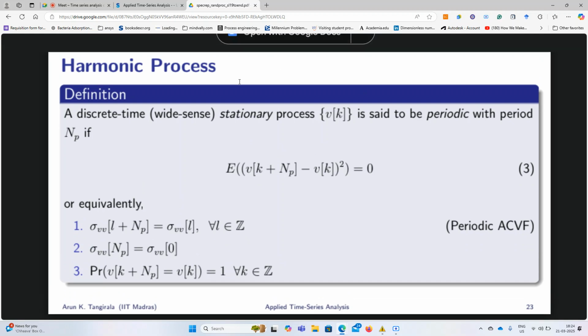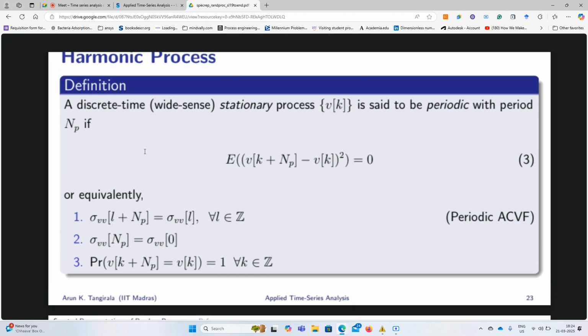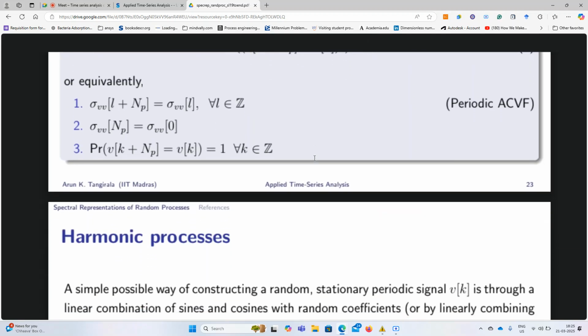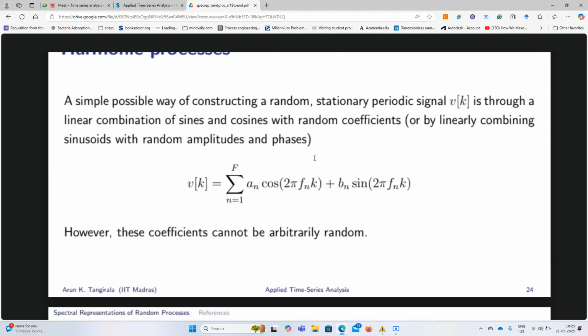For example, any harmonic process can be any discrete time stationary process which has a period np and follows this: the expected value, the mean value, after a certain period of time or period of space, the difference between the expected value and the initial value would be zero.